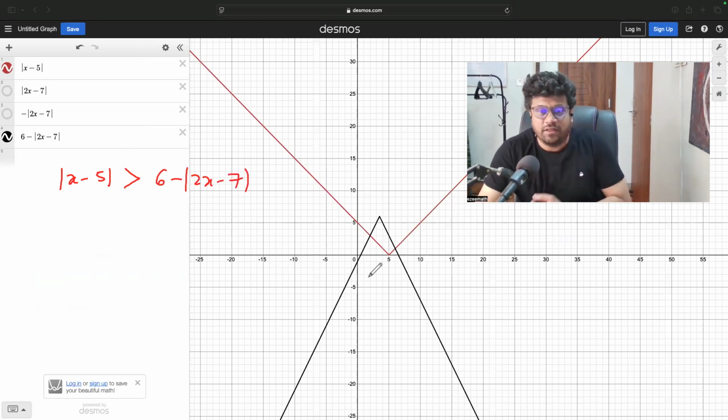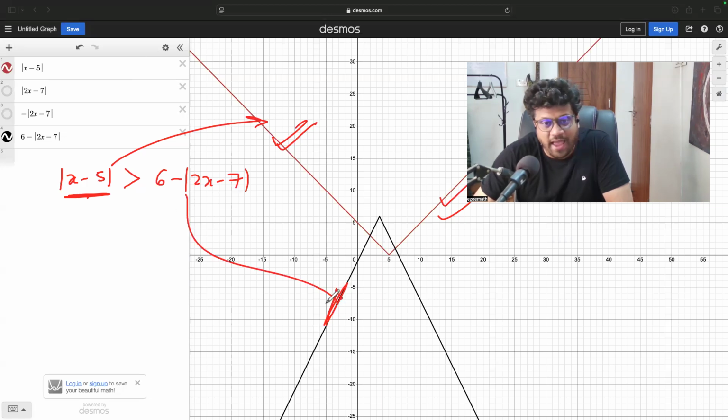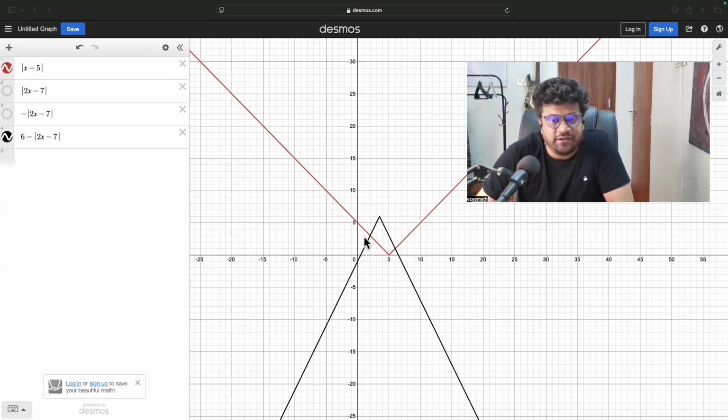To me, with the sketches already there, what it means is I'm looking for the values of x for which the red thing is above the black thing, because you want mod of x minus 5 greater than 6 minus mod of 2x minus 7.